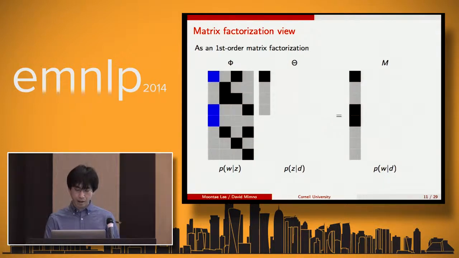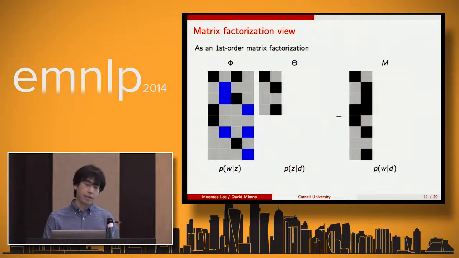If the first document is entirely about topic 1, we expect to see the first document contain words 1, 4, 5. And if the second document is entirely about topic 2 and topic 4, we expect to see words coming from the second column and the fourth column of the topic matrix. This is another view to interpret LDA.